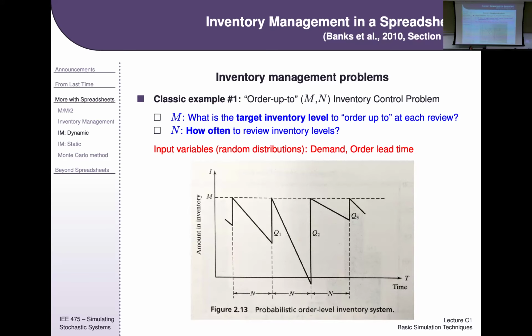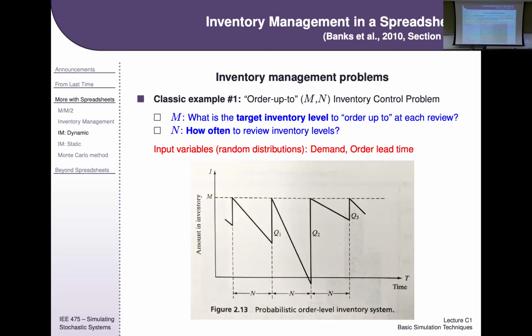And that helps you figure out this line here. And this is saying that after a certain number of days, like every 10 days, you say, okay, let's see how much is in the inventory and let's refill. So those are the 2 key decision variables that you have to decide on when you're doing this operations research: how often do I order and how many do I order up to? That's why it's the order up to problem.